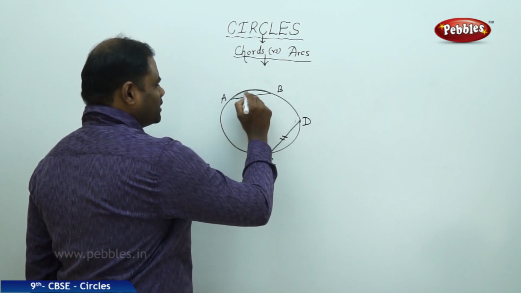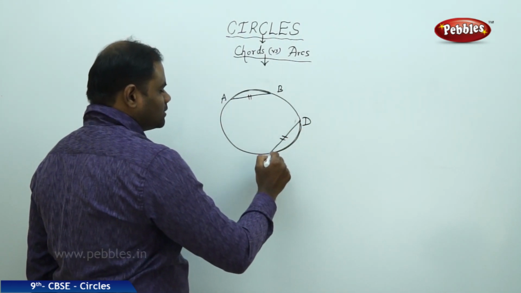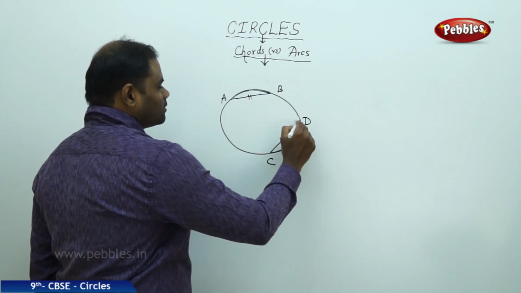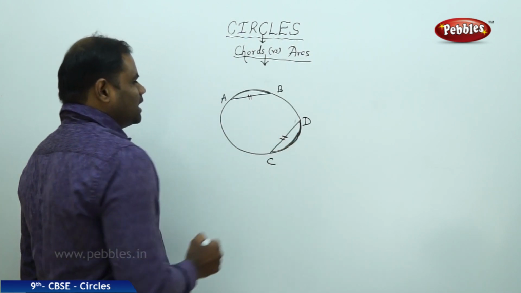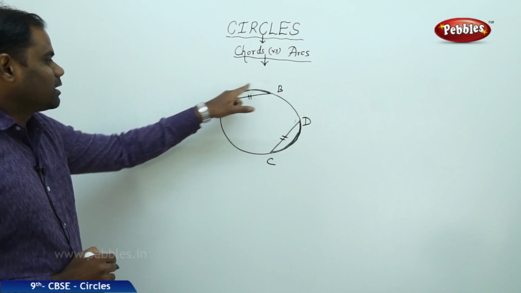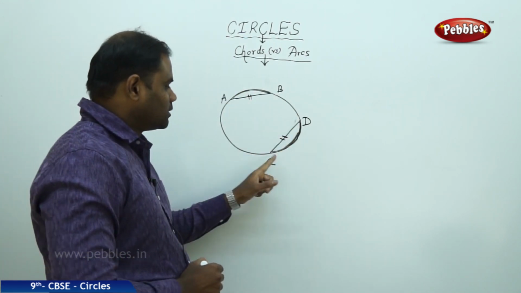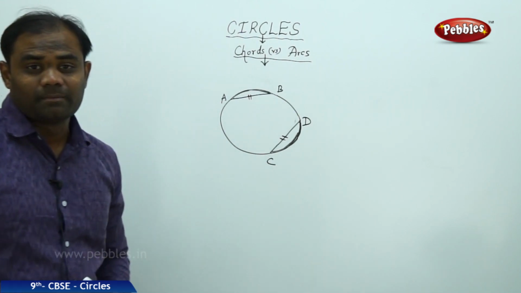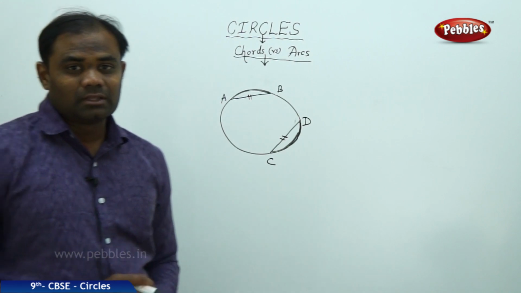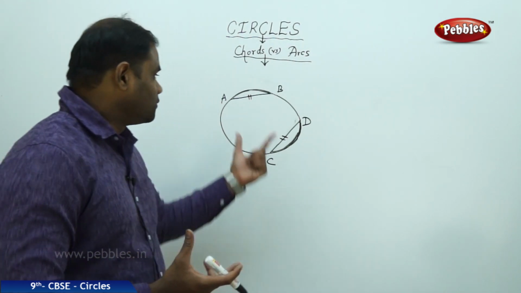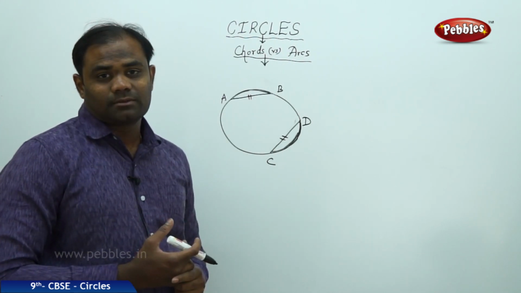This is the arc length as made by the chord AB, and this is the arc length as made by the chord CD. The property says that the arc length made by chord AB will be equal to the arc length made by chord CD, simply because the two chords are equal. That means if two chords are equal, then they make equal lengths of arcs.